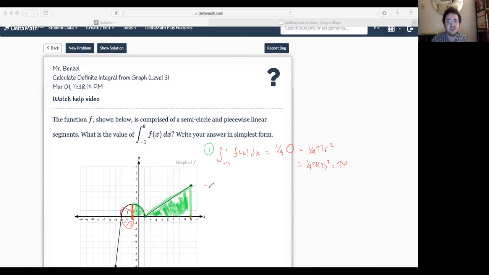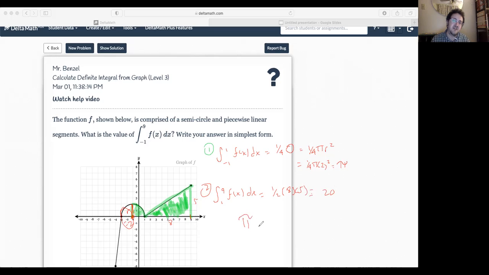And then the second area is going to be the integral from 1 to 9 of f of x dx. So this is going to get us to 1/2 times, and let's see, we got 8. And it's a triangle that is 1, 2, 3, 4, 5. So that's going to be 20.